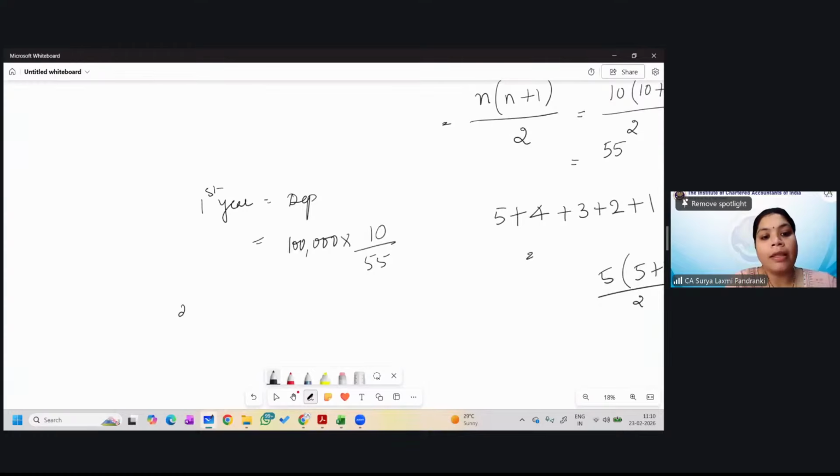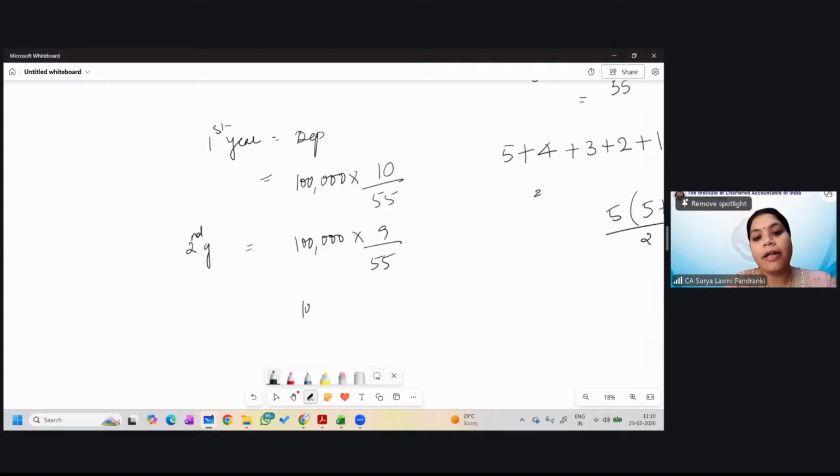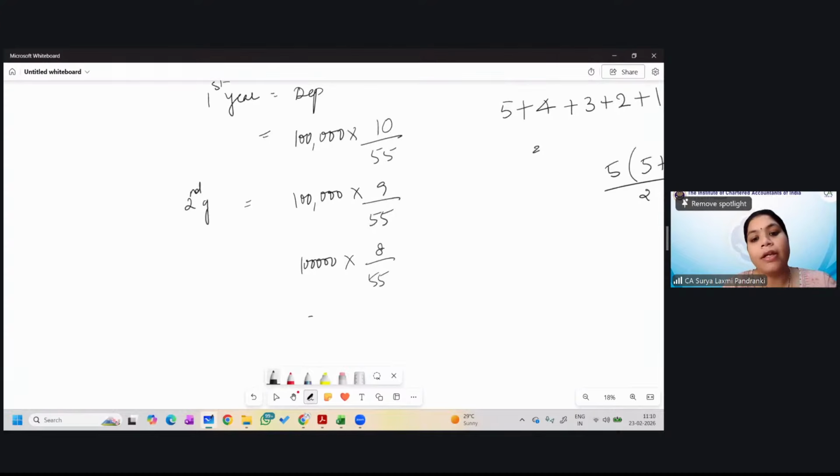Now the second year depreciation will be 1 lakh into 9 by 55, and the third year will be 1 lakh into 8 by 55, and so on. It will continue for the 10 years. This is how depreciation is calculated.